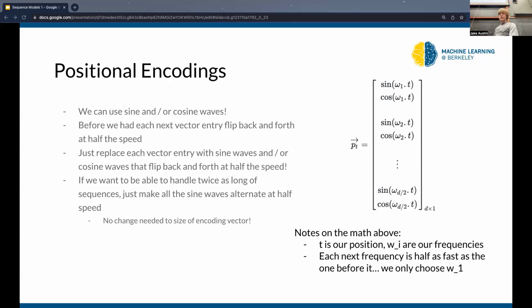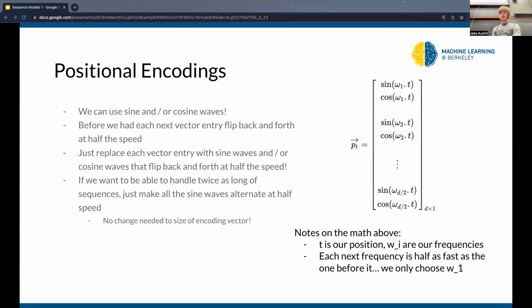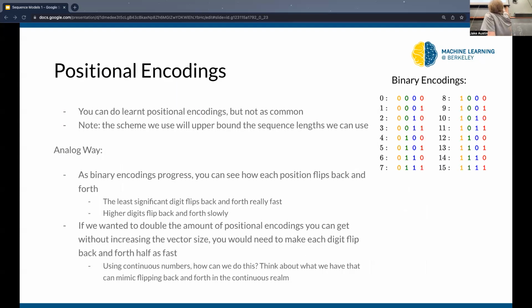If we graph all of this out, this is what we end up getting. Every row is the ith positional encoding, and every column is the continuous version of our ones and zeros, like the columns red, blue, green, yellow.